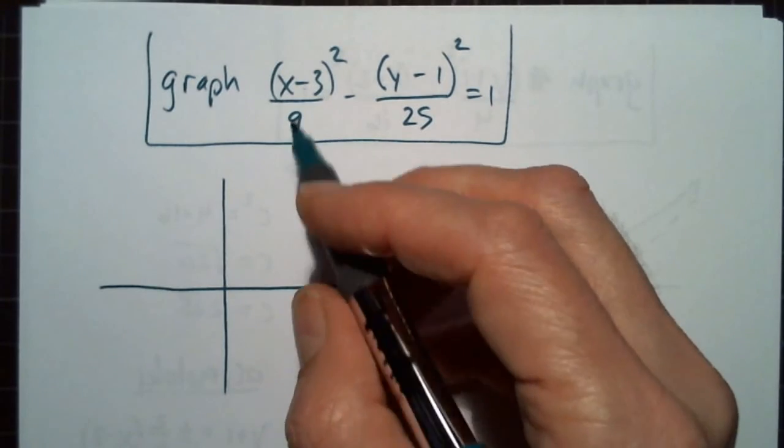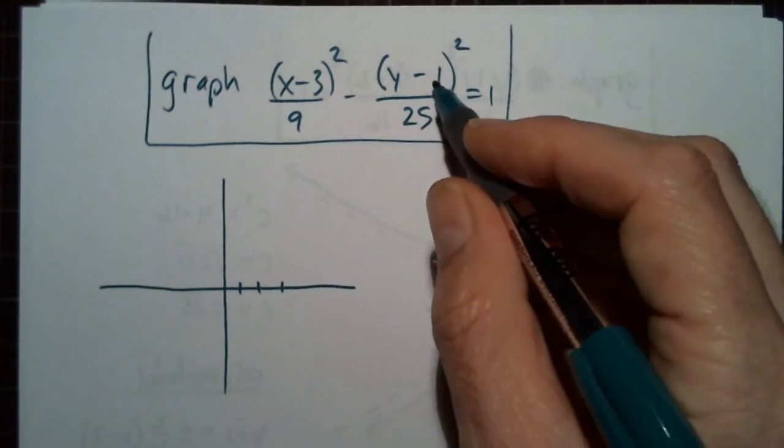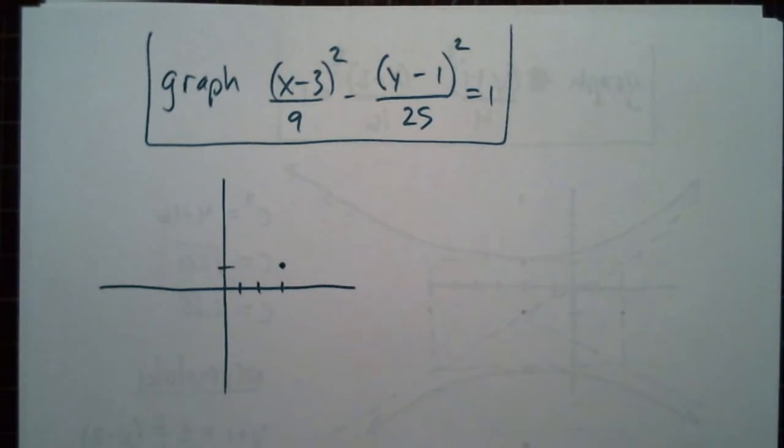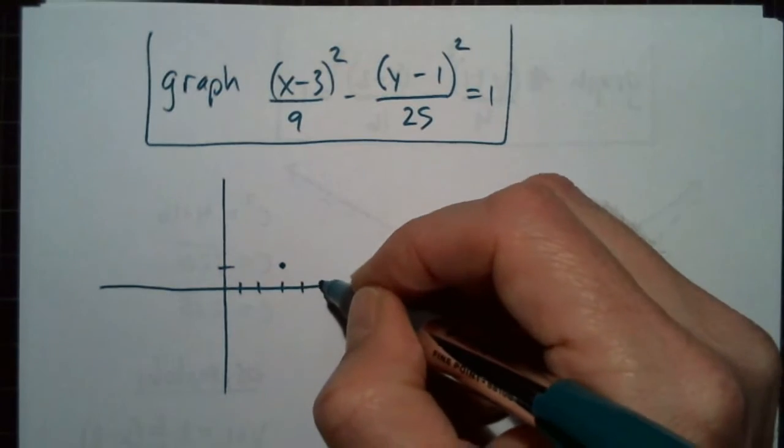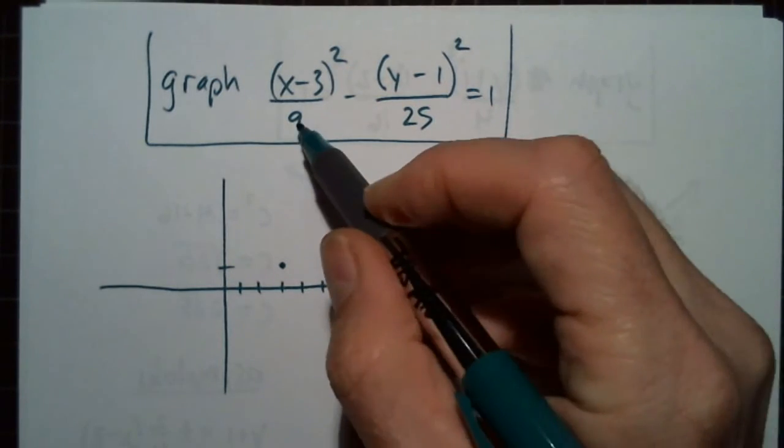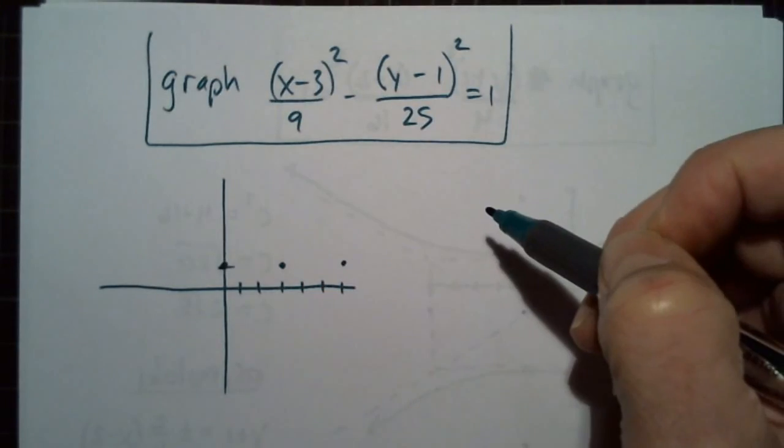We're going to move right 3 and up 1. From that point, we're going to move horizontally 3 and back there.